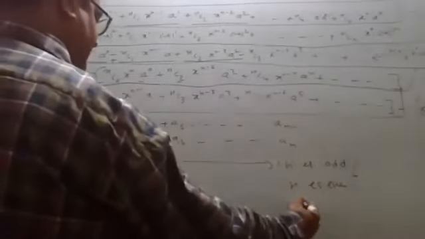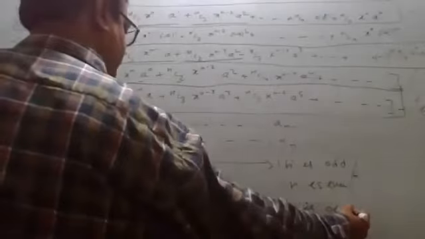Now let's discuss (x plus a) to the power n minus (x minus a) to the power n. So how many terms will be there if n is even? n is odd first. When we added, the total number of terms remaining is (n plus 1) by 2, and the rest were cancelled out.